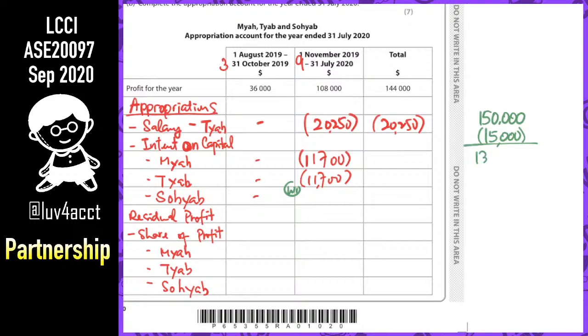So 135,000, and then multiply by 8%, and then 9 months. 135, 8%. It is 8,100. So I write it there first.